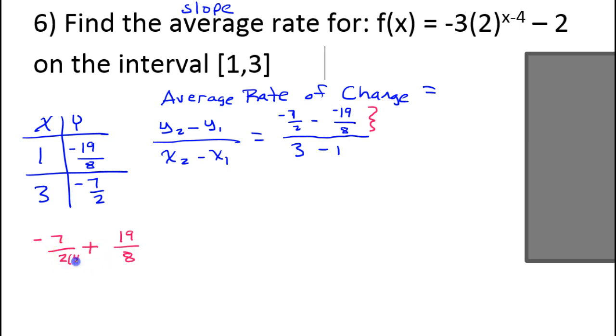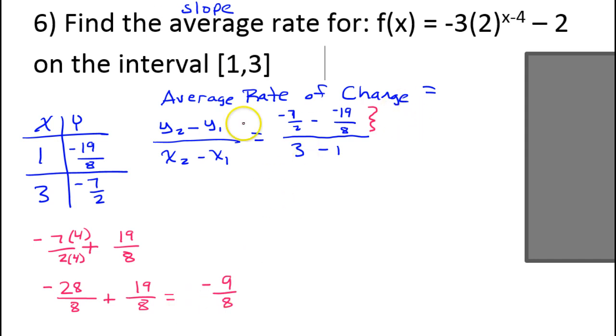So if I multiply this by 4, that will make like denominators, because now I will have negative 28 over 8 plus 19 over 8. Okay? So that gives us negative 9 over 8. So that is my numerator right here.